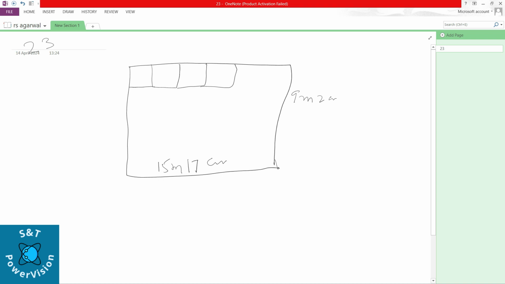So it's asking what is the minimum number of square tiles. So we'll find the HCF of both the lengths, 15 meter 17 centimeter and 9 meter 2 centimeter. Here we'll first change it to centimeters.